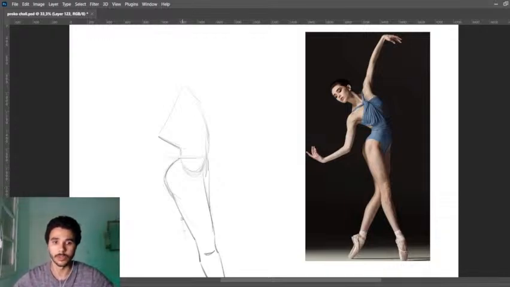Right, but it goes this way. And this one goes like this. So we just have to find a good place to start her garment.